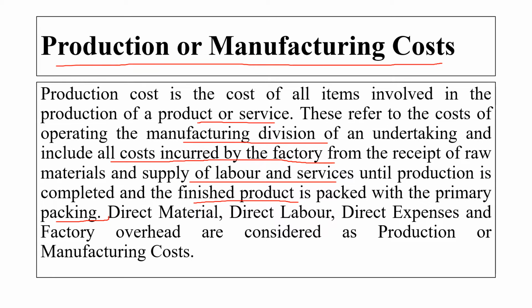Here we are considering all the cost we incur in the production process, from the raw material we purchase till the final product is packed in the primary packaging. Examples of this cost are direct material, direct labor, direct expenses, and factory overhead, which are considered as production or manufacturing cost.